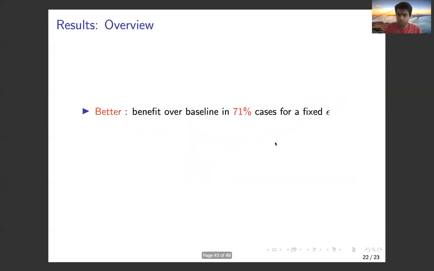So to conclude the results, we are able to perform better than the baseline in 71% of the cases. This means out of 127 different input points, in 71% of those, our metric values were better than the baseline.